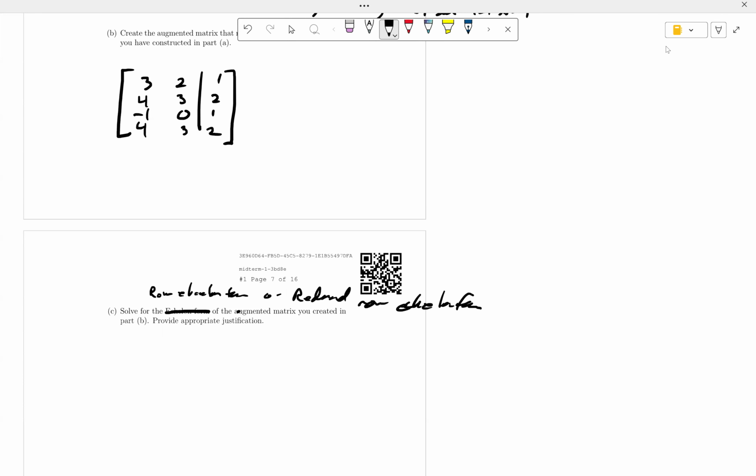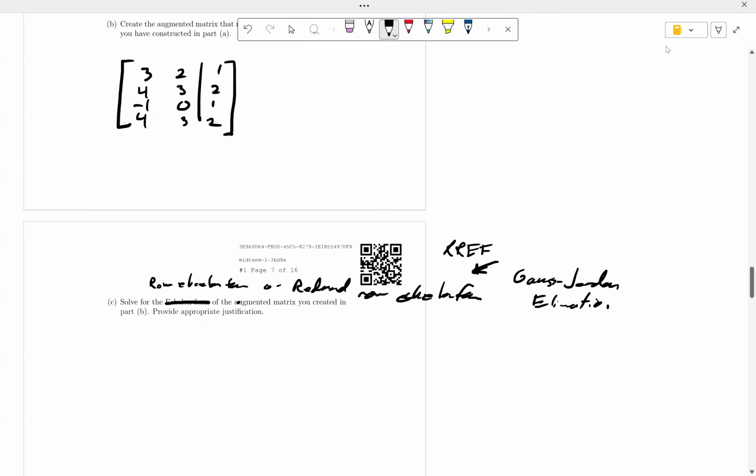Instead, we're going to compute the reduced row echelon form, or RREF. And in this example, we're going to use Gauss-Jordan elimination. So when doing these row operations, I can pick my pivot row, and I'm going to pick it so that my life is a little bit easier.